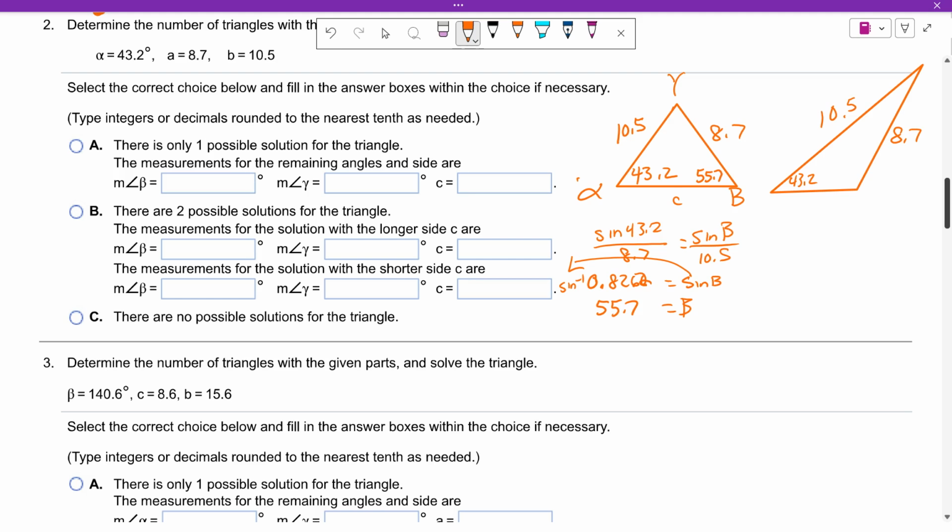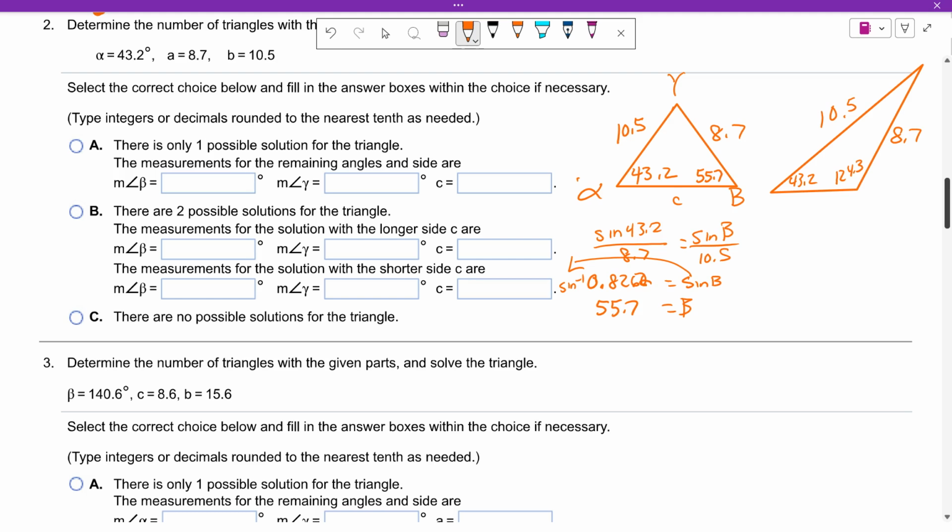What I want you to do is take 180 minus 55.7. Give me that number. 124.3. Take the sine of 124.3. I bet you get 0.8262. On your calculators, take the sine of 55.7.